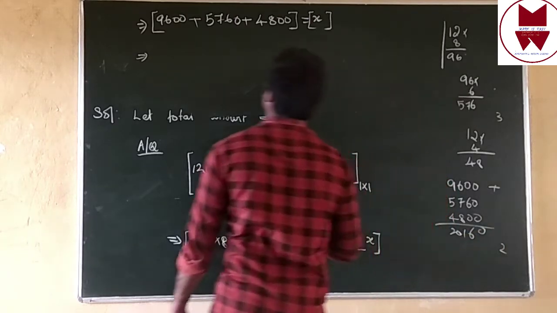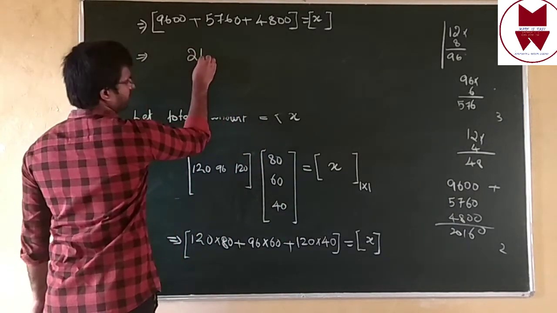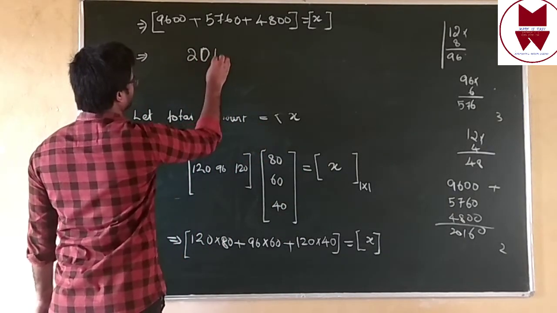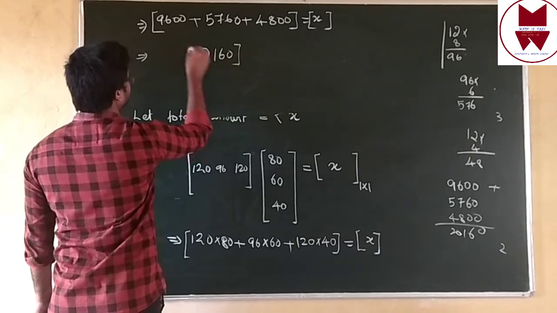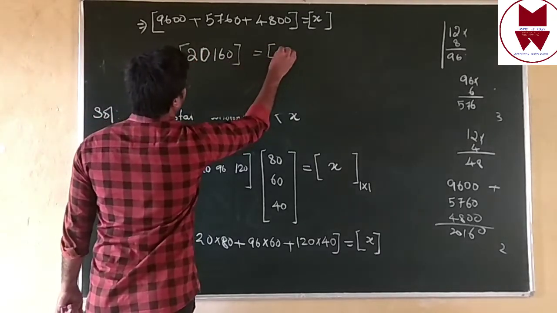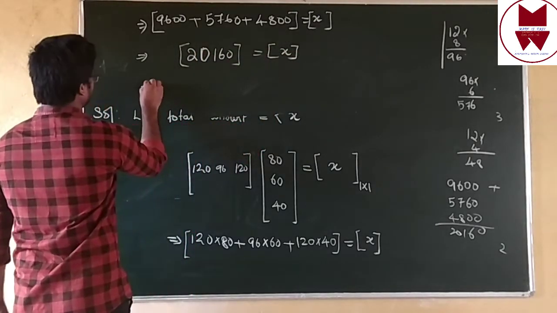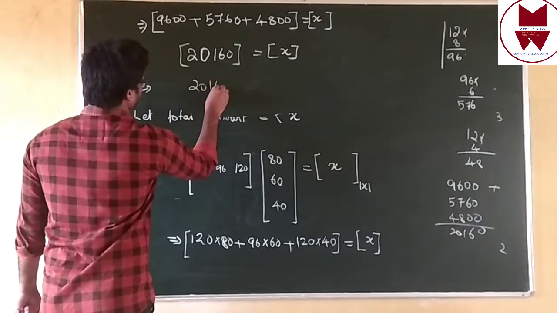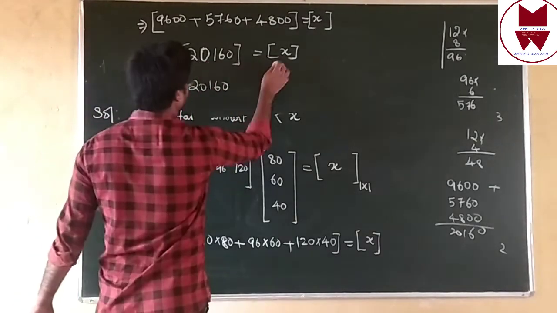You will get 20,160. The matrix is equal to that. These two matrices are equal, which means these elements are also equal.